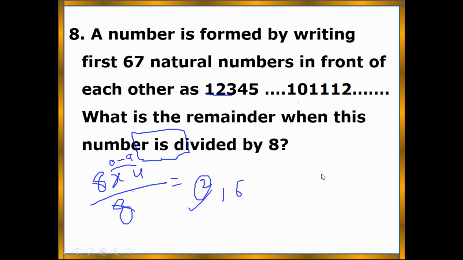A number is formed by writing the first 67 natural numbers in front of each other as 1, 2, 3, 4, 5 and so on, 10, 11, 12, 13, like that. Then what is the remainder when the given number is divided by 8?